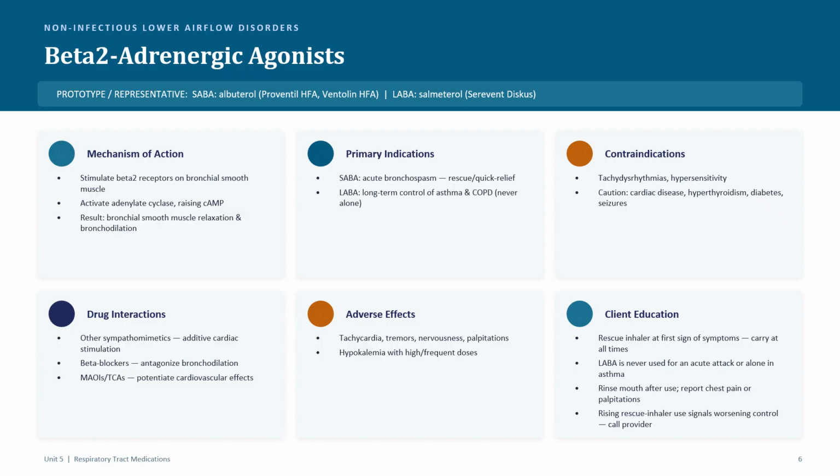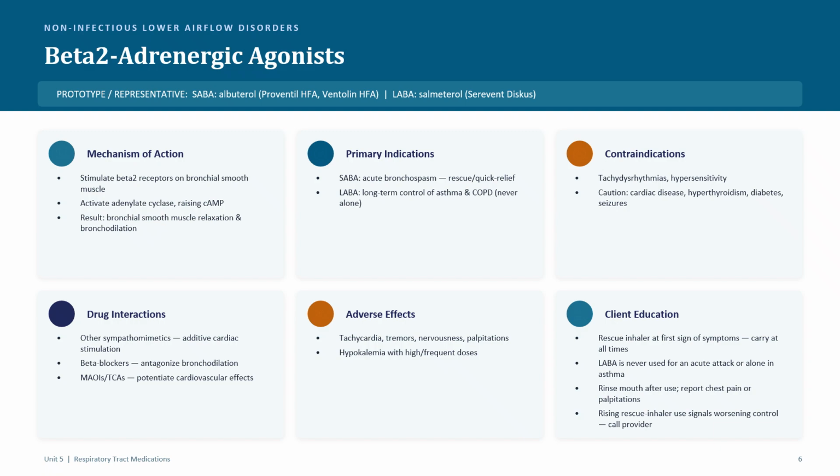Because it's long acting, it's slower acting to get to that therapeutic level and then maintain its job of keeping the airway widened. So what's important to know is that LABAs are never used alone, and they are never used for an acute asthma attack because the onset is too slow.